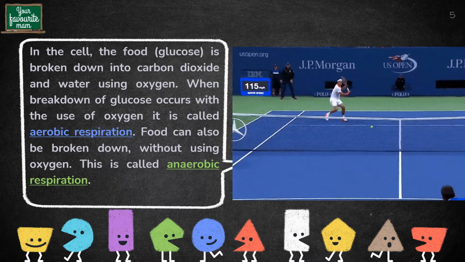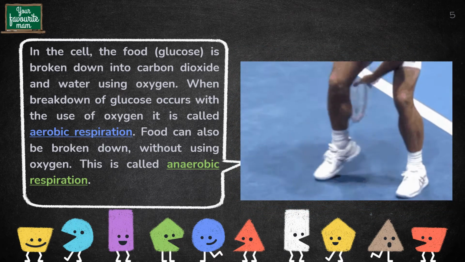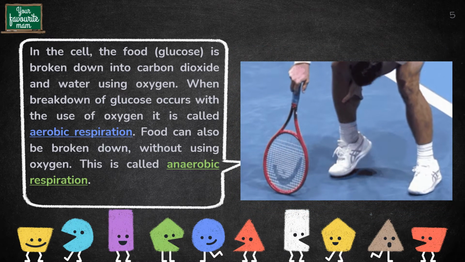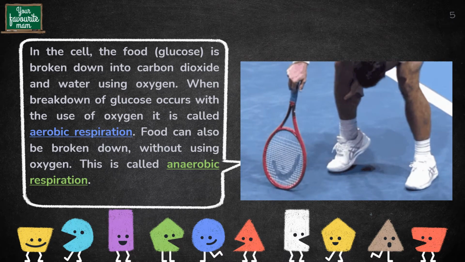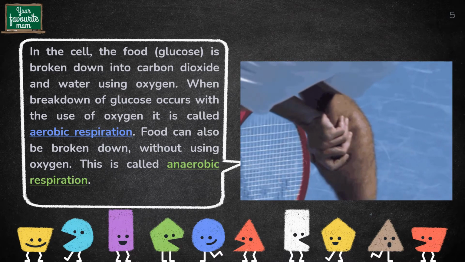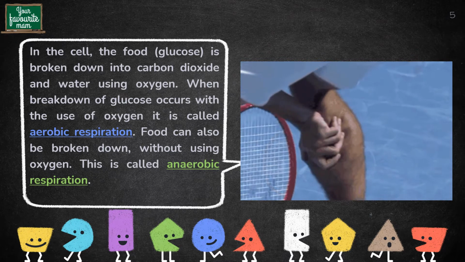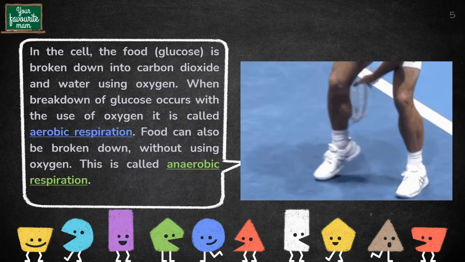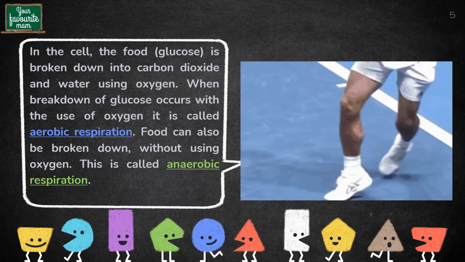But as a result, sometimes cramps occur when our body respires anaerobically because of the accumulation of lactic acid. So we can get relief from these after a hot bath or massage as they improve circulation of blood and provide oxygen to those muscles, which then later break this lactic acid into carbon dioxide and water.